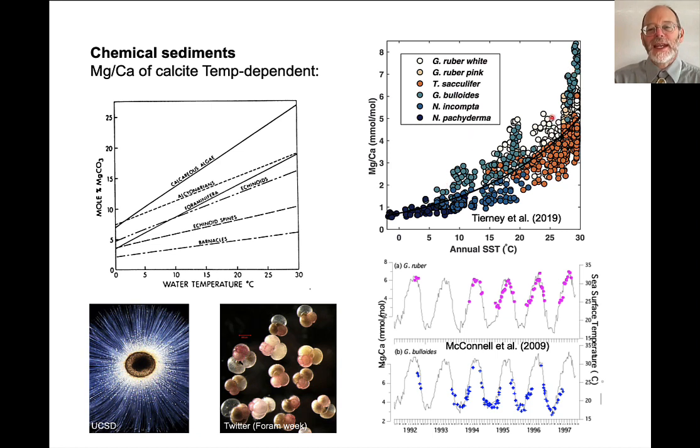These are some of the data, and you can see that not every species has exactly the same temperature dependence. So these three genera fall towards the bottom of this regression line, and these genera fall above the regression line. And that just tells you that different species have different temperature dependencies, so they all have to be calibrated independently.